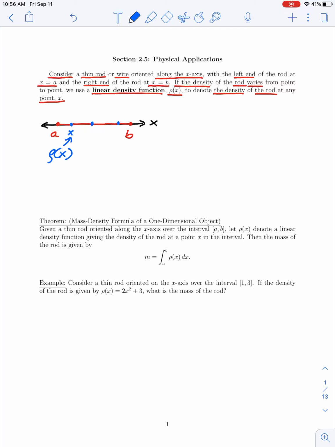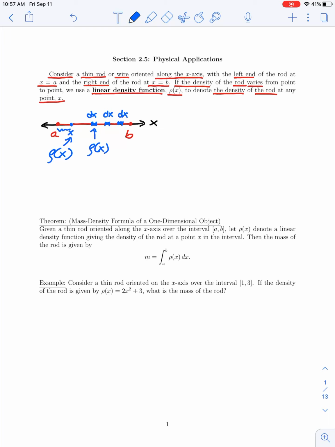We're going to think about slicing up our wire into very small sections of a thin width dx. So essentially, for dx being very, very small, on each of these little sections of wire, we could say that we have a constant density given by rho of x, where x is the length that we're extending along our wire from a to b.